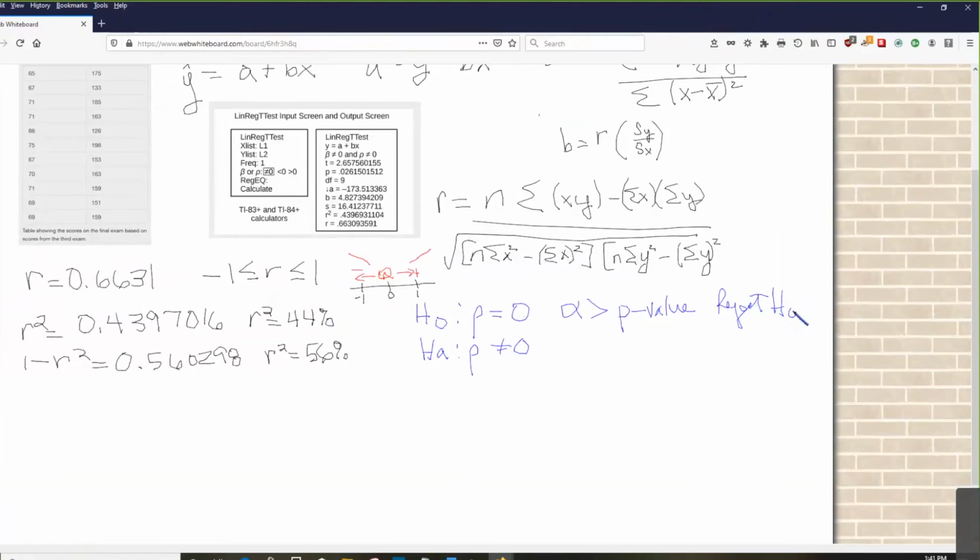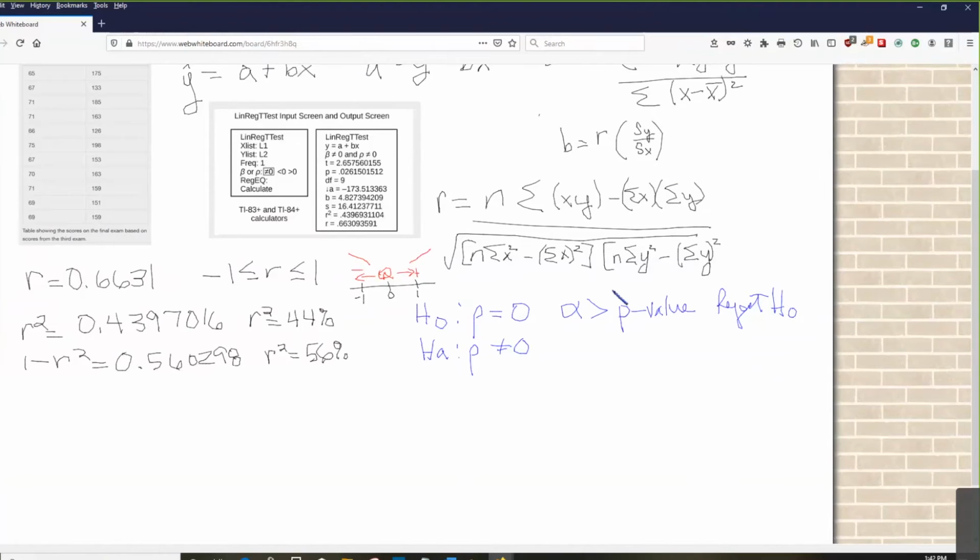This is the same as what we've done before: if the level of significance is greater than our p-value, then we reject the null hypothesis and say that the evidence supports the alternative. So the conclusion would be there is sufficient evidence to conclude that there is a significant linear relationship between x and y because the correlation coefficient is significantly different from 0.